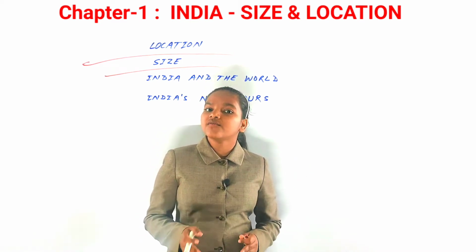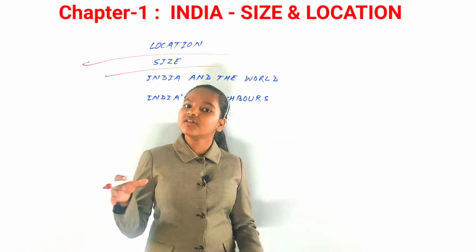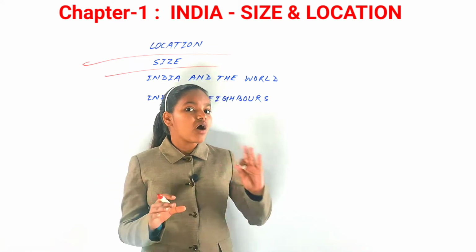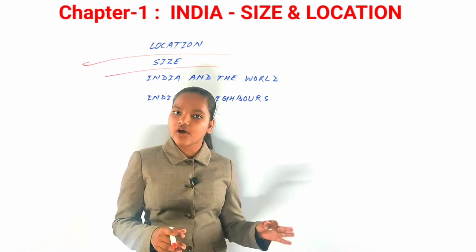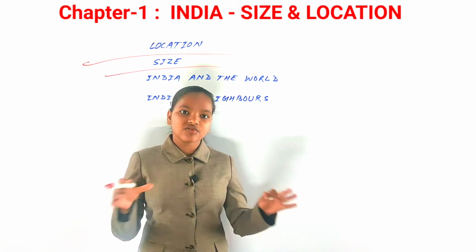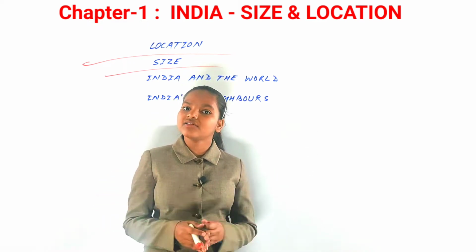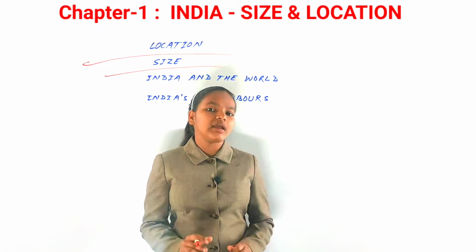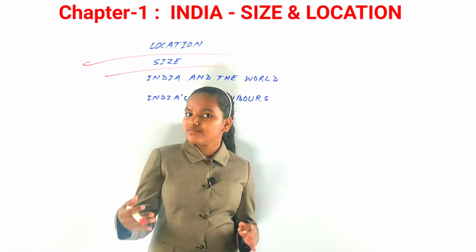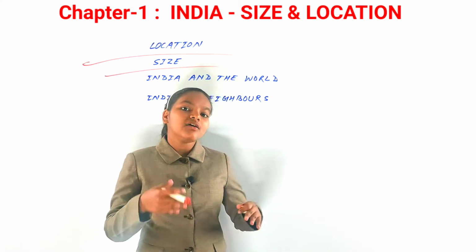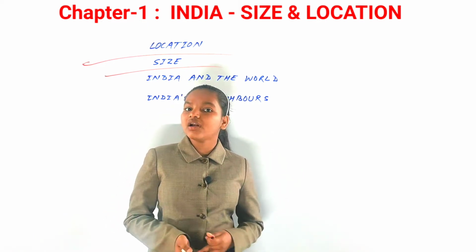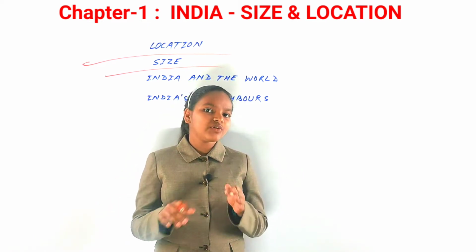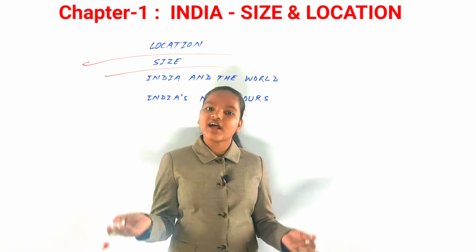The sun rises first in Arunachal Pradesh, and after 2 hours it could be seen from Gujarat. So in these two states, the western part and the eastern part, there is a time difference of 2 hours. And that's why India has adopted one single time zone. It has its own standard time that is called IST, Indian Standard Time.